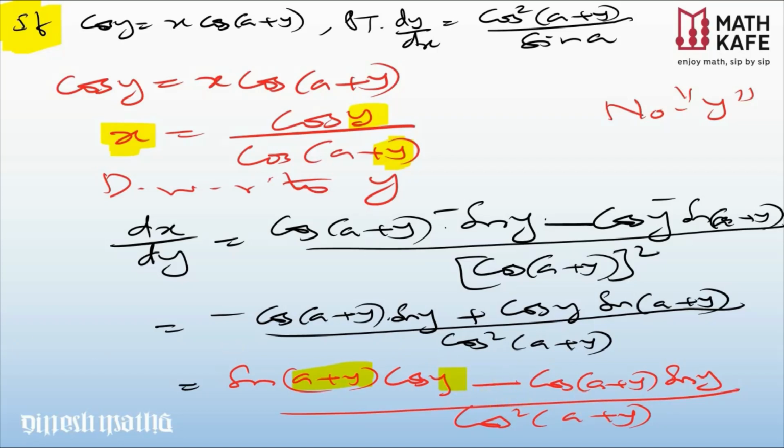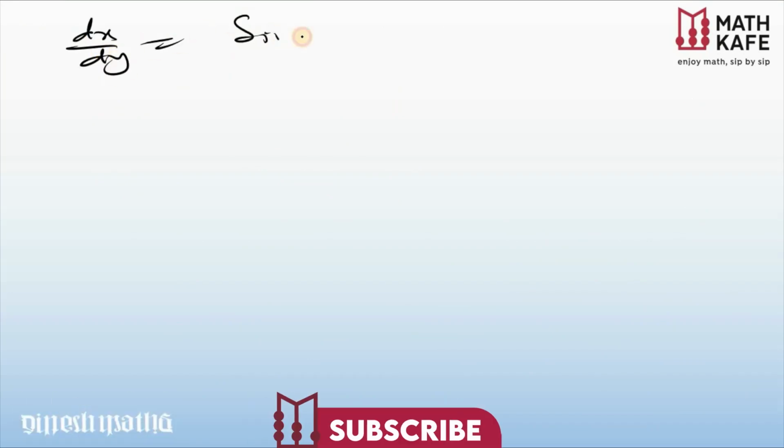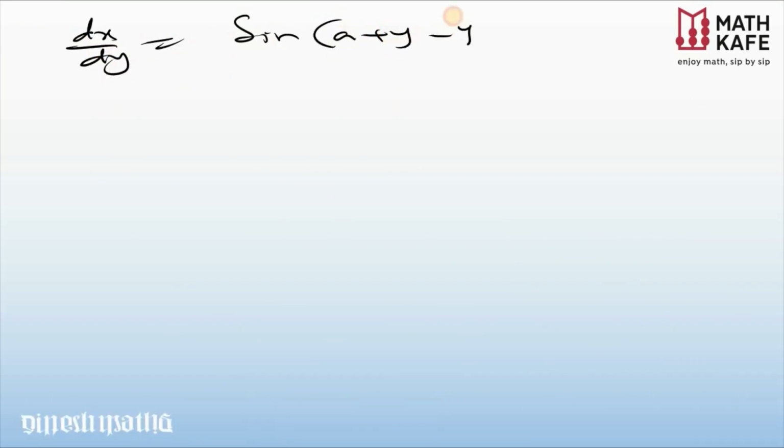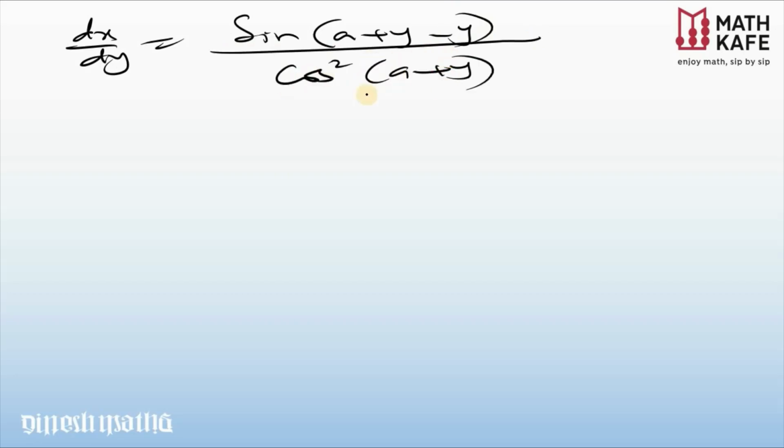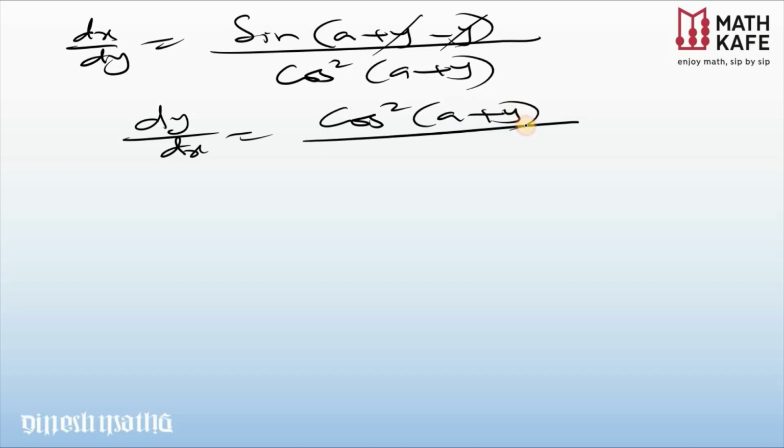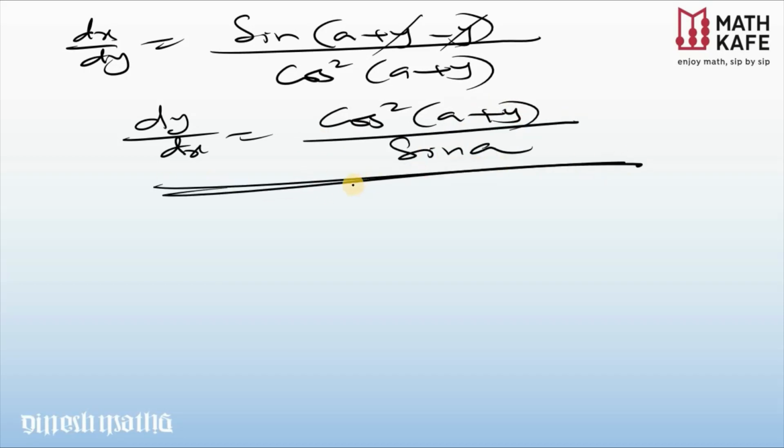Applying the identity, you will get dx by dy equal to sin of a plus y minus y, divided by cos square of a plus y. Then y and y get cancelled, you flip it, and dy by dx equals cos square of a plus y, the whole divided by sin a. That's our answer, and easily you got the marks.